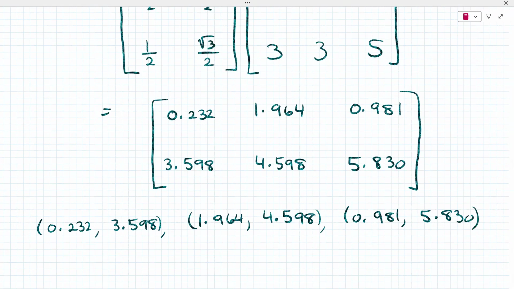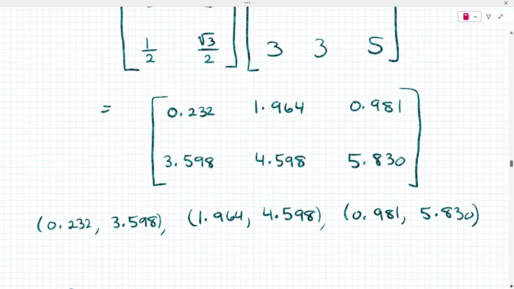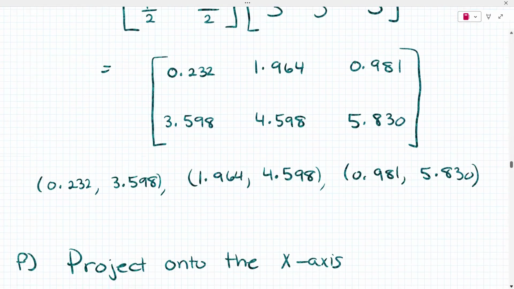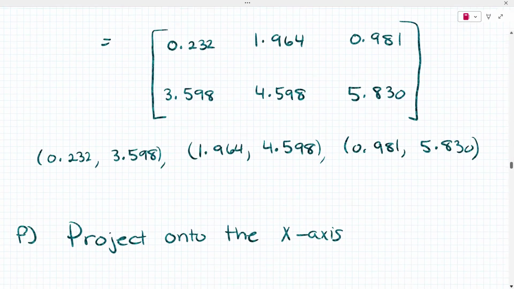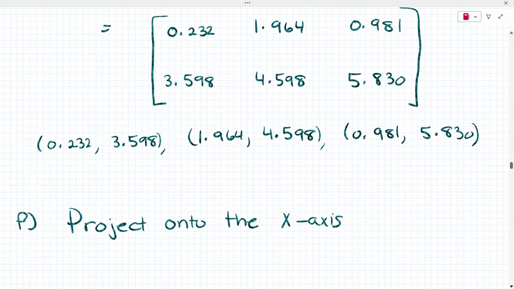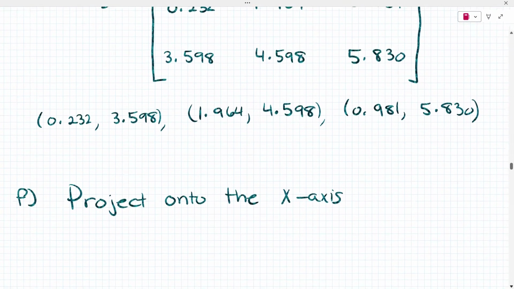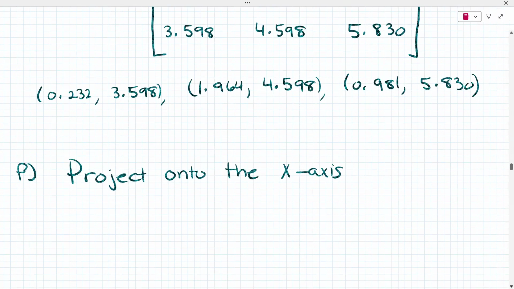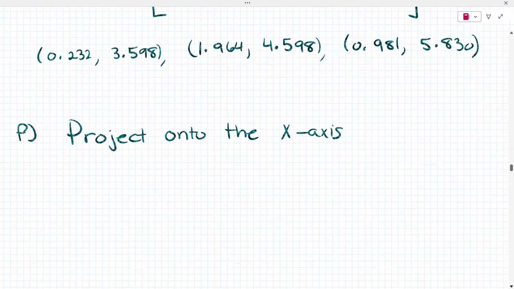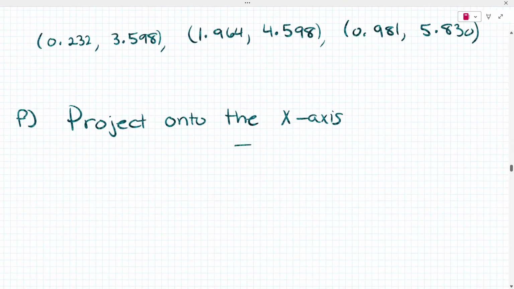Okay, what about F, projection onto the x-axis? Start with your original coordinates. Our originals were 2, 3, 4, 3, 3, 5.